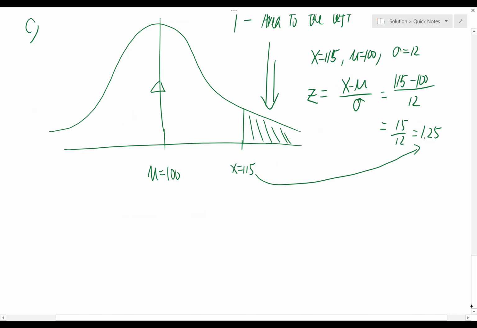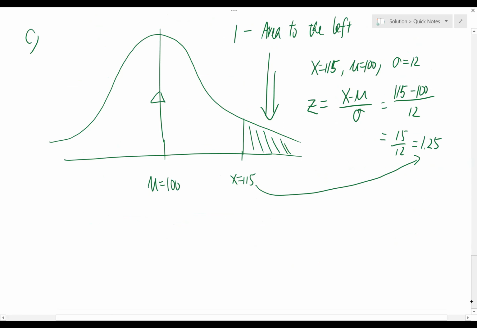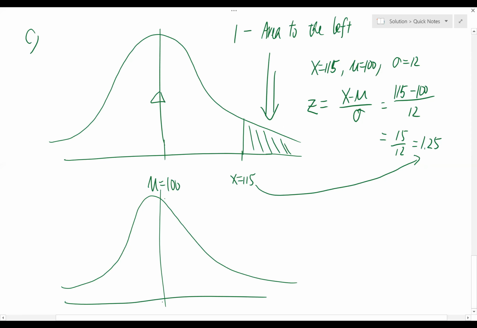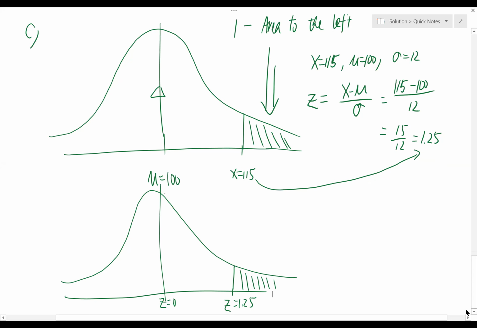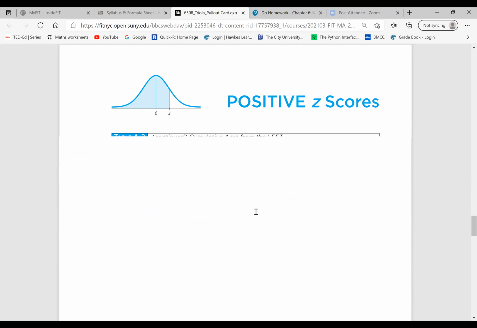Now we can create another bell curve using the z-score. The z-score in the middle is 0, and our corresponding z-score is 1.25. We want the area to the right. Now we go to table A2 to find the area to the left, because table A2 only provides the area to the left.